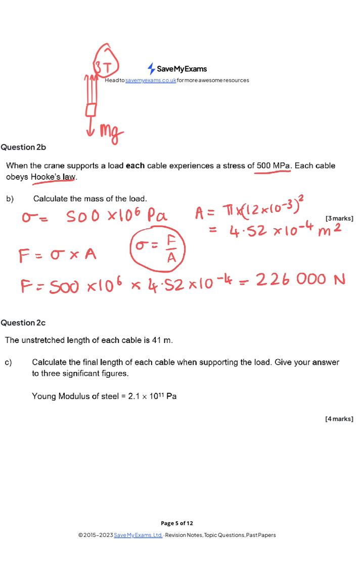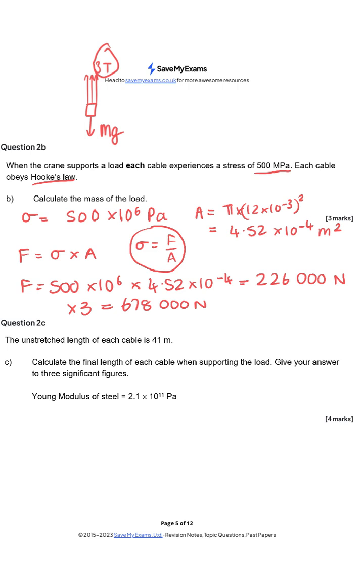And that would be the force provided by each cable to balance out this mass. And so we've got to times that by 3, which is 678,000 newtons. So that's our overall force going up, and therefore our overall force going down.